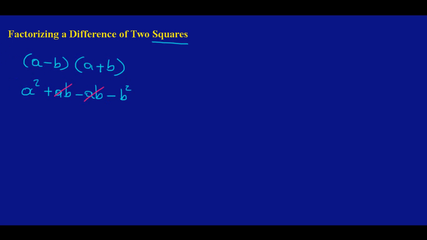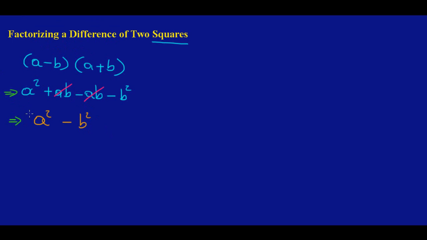So therefore, I am now left with A square minus B square. Now when we're factorizing a difference of two squares, this is what we mean.